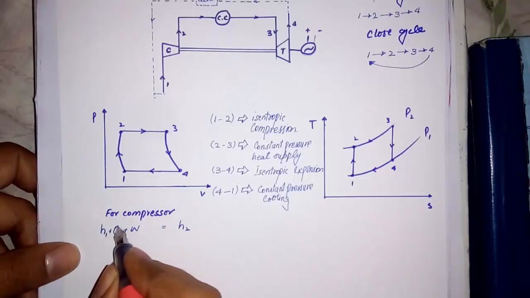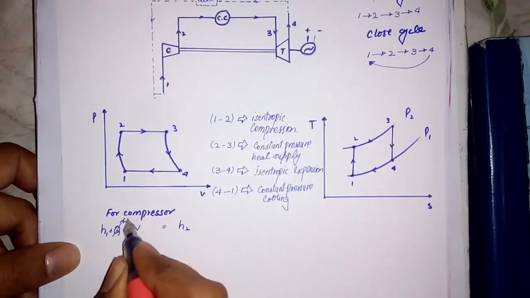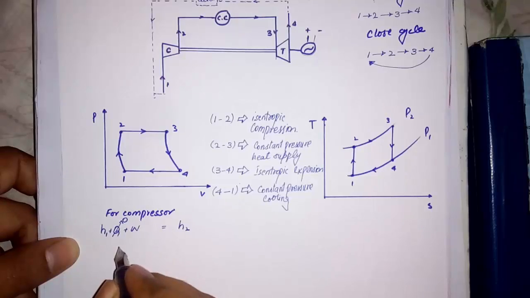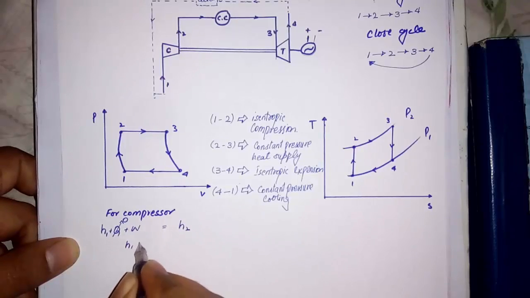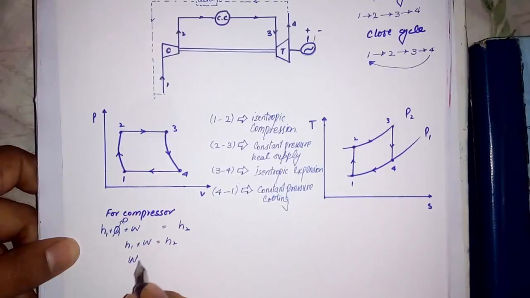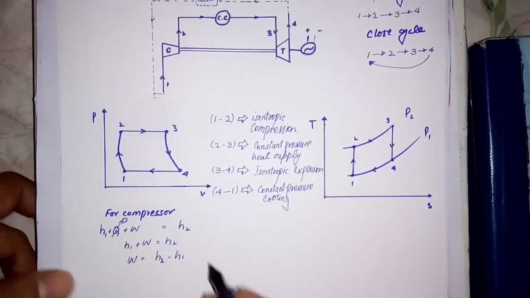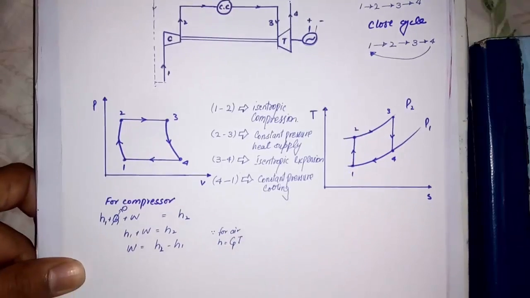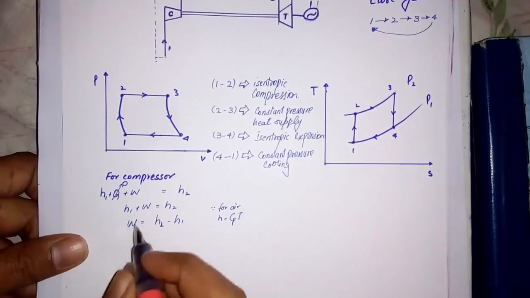In the compressor, heat is 0. So this is the work input expression for the compressor. For an ideal gas, enthalpy is equal to molar specific heat times temperature.